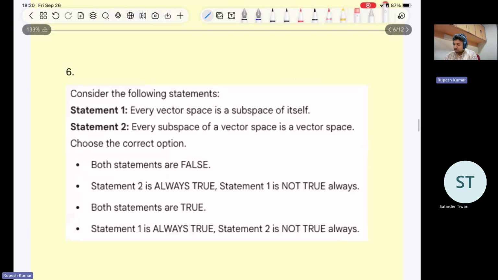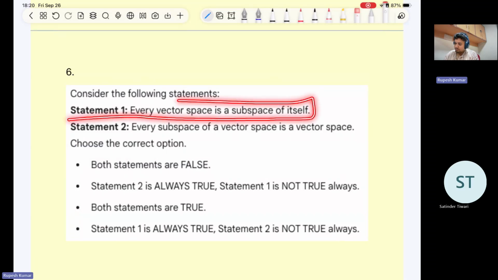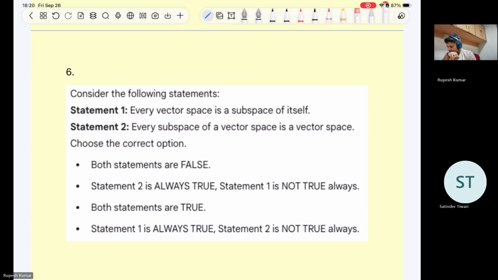Let's move on to question number 6. Statement one says every vector space is a subspace of itself. Is it true? Anyone? The first statement is true. I think every vector space will be a subspace of itself. That is correct. Why?